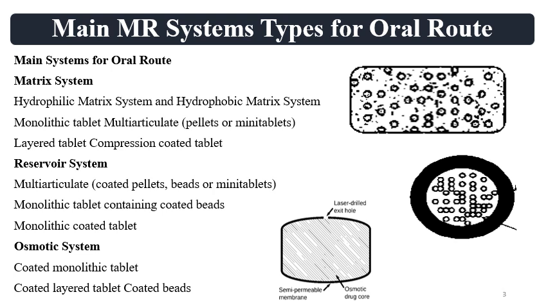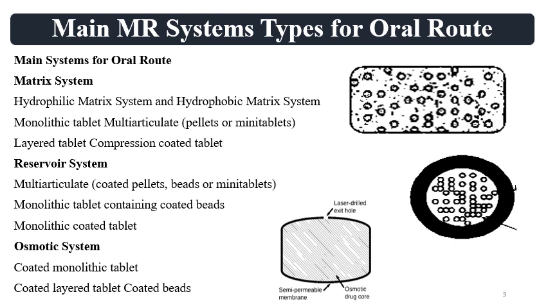There are some other formulations also which involve different mechanisms, but these products are not that popular and they have some disadvantages. Three main systems for the MR formulations are matrix, reservoir and osmotic.